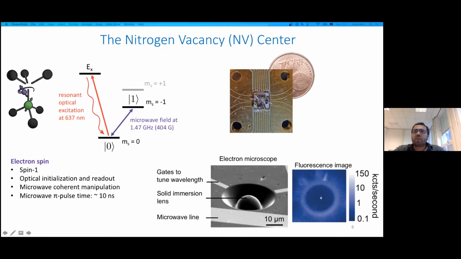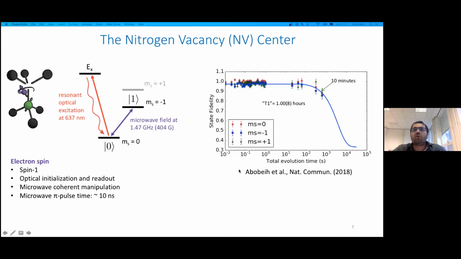Right. So we also work at a temperature of 4 Kelvin, such that the electron spin relaxation is negligible at this temperature. A few years ago, we did this experiment where we would prepare the electron spin in an eigenstate, and then measure how long it stays there at this temperature of 4 Kelvin.